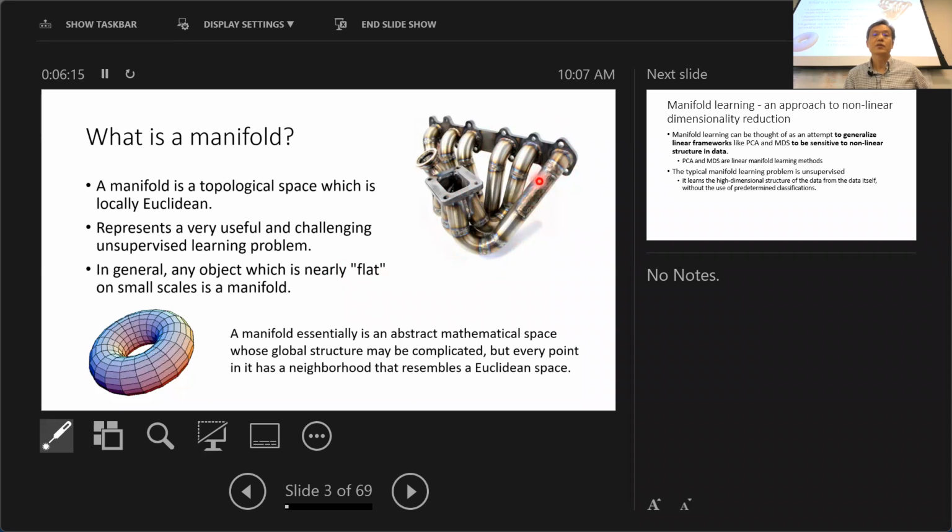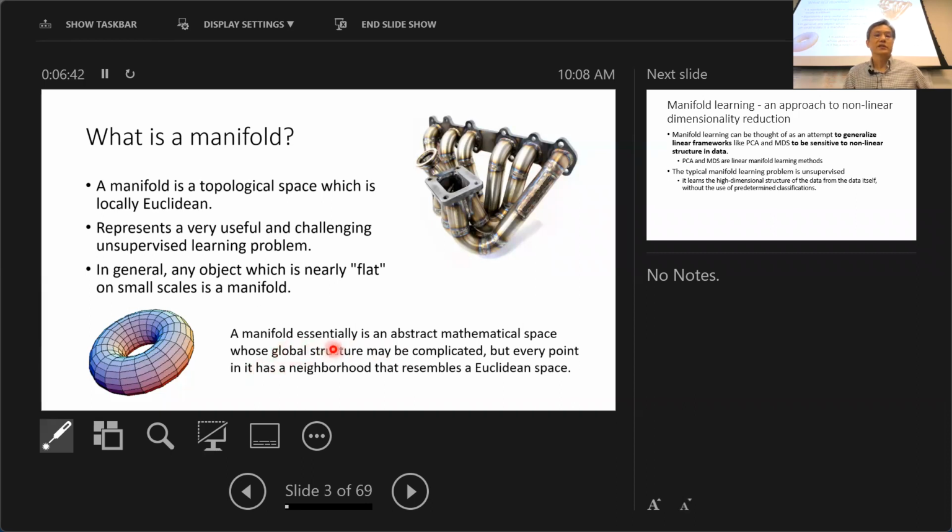But for the local, if you only look at the neighbor points, that area is so-called flat. Flat means you can measure the distance using Euclidean distance. Okay, so it is abstract mathematical space. So it's in your imagination.